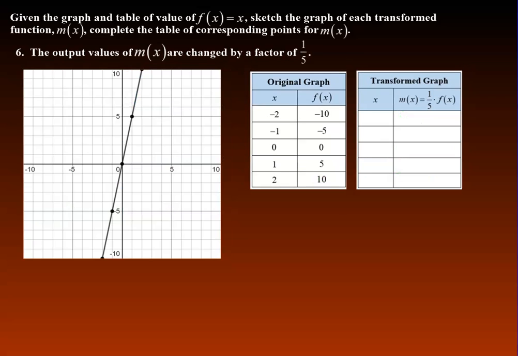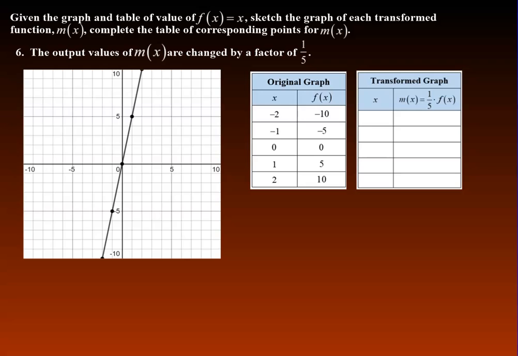So you get to try number 6. Number 6 says, given the graph, and same directions as before, the output values of m of x are changed by a factor of 1/5.